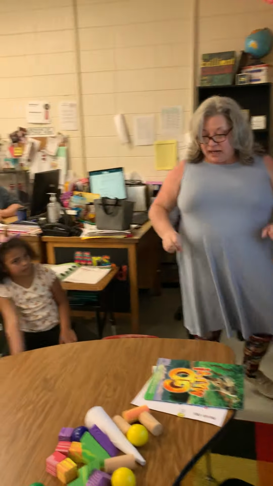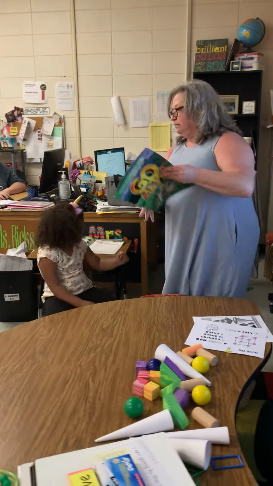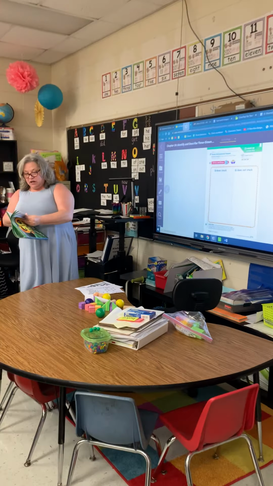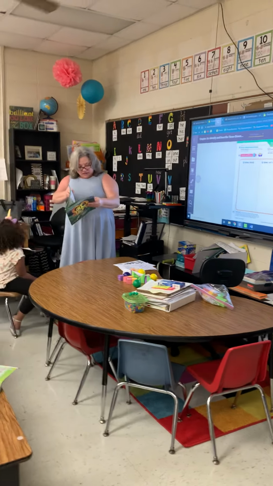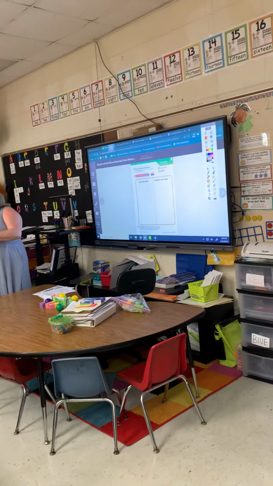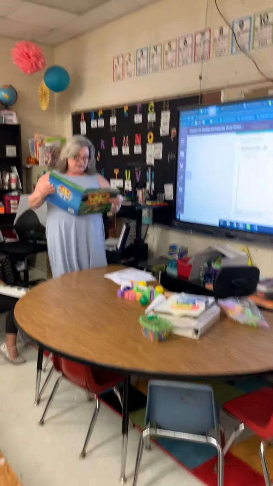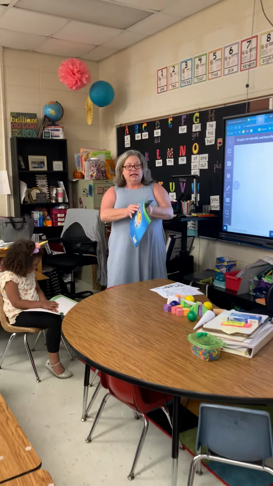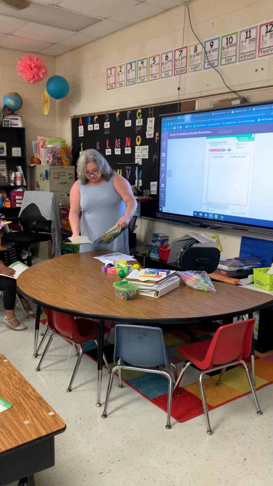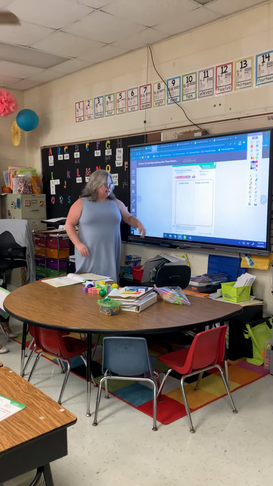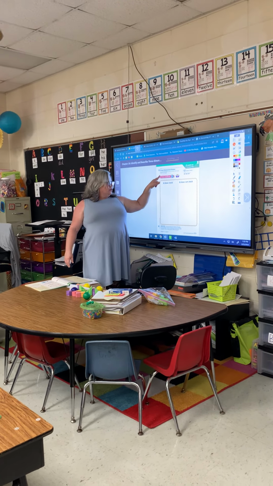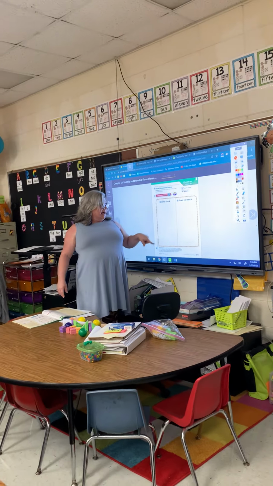Okay, so now we are going to turn to page, what did I say? 573. And on that page, it says, how can you show which shapes roll, stack, or slide?